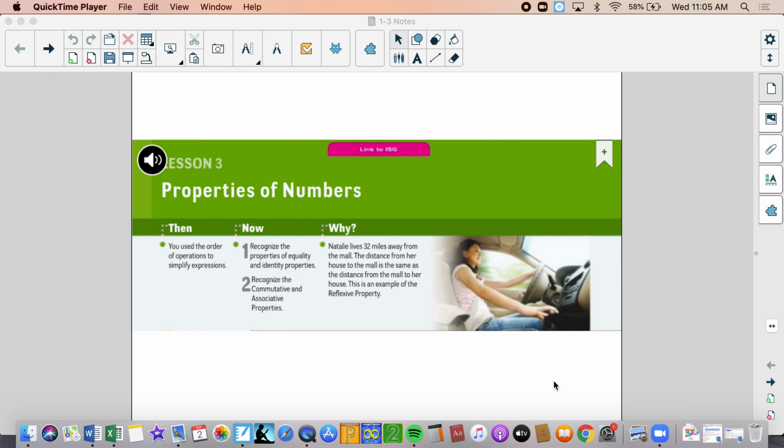So that's sort of the same thing here. We take certain things that we do in math for granted, yet we don't know why we're able to do that. So this section will deal with that.